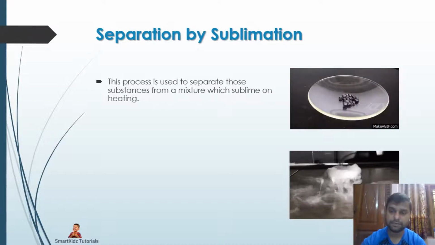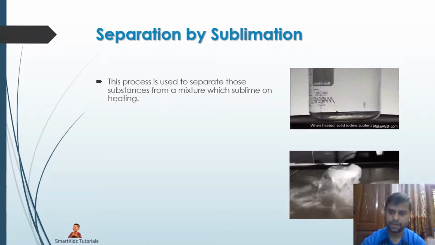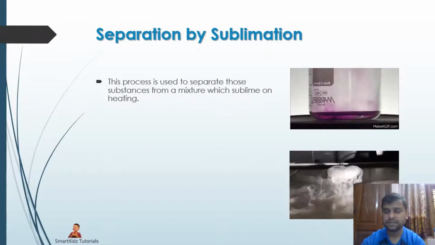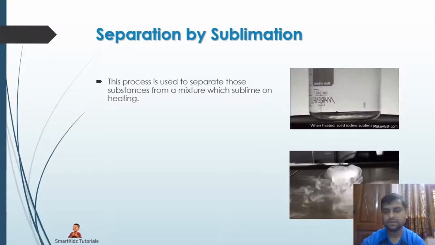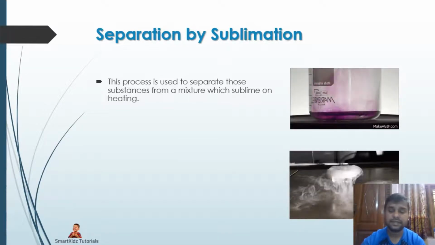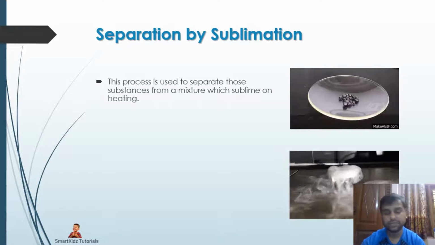Down below, you can see solid carbon dioxide, which when exposed to air directly appears to evaporate. So this is how it would look when solid carbon dioxide is exposed to air.